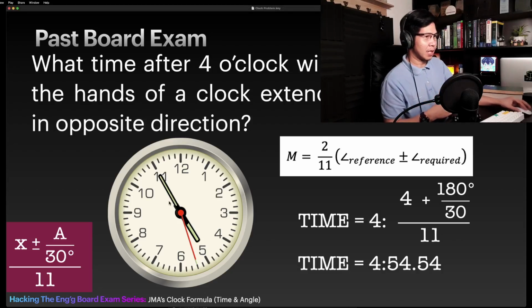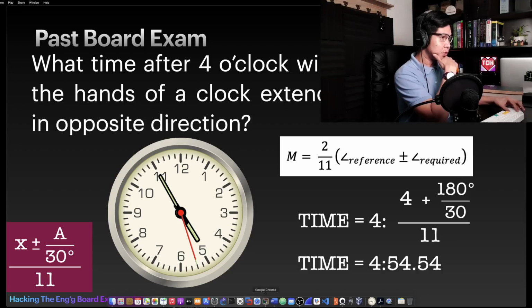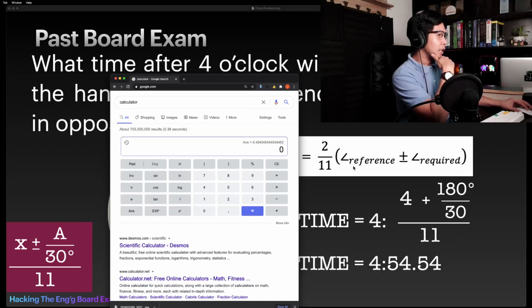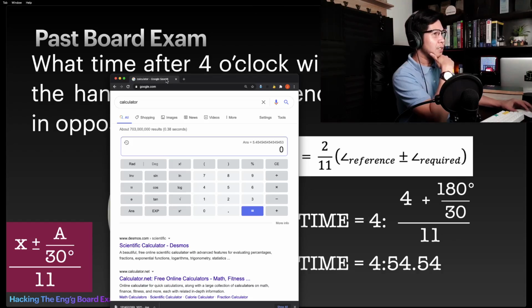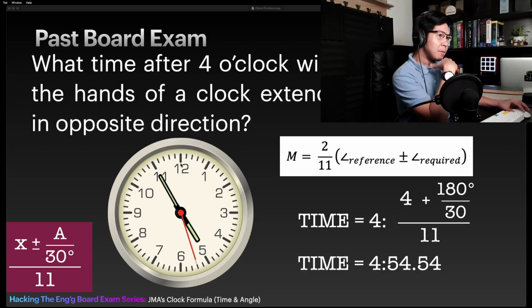Eto ngayon yan. Anong oras daw ito? Let's try to use the formula of Engineer Padilla. So, the reference angle here is, sabi daw sa problem, 4 o'clock yung reference time natin. So, sabi natin kanina, ang pagitan ng mga digit, they are 30 degrees apart.